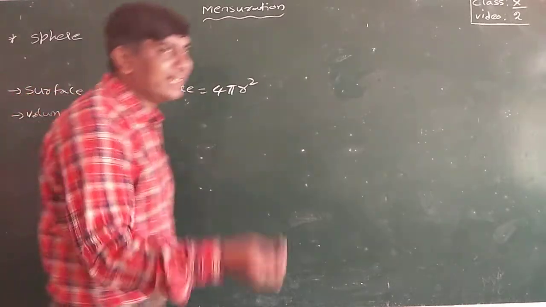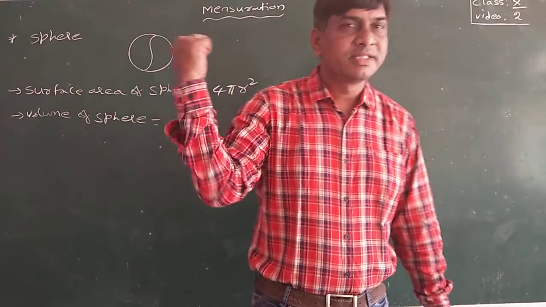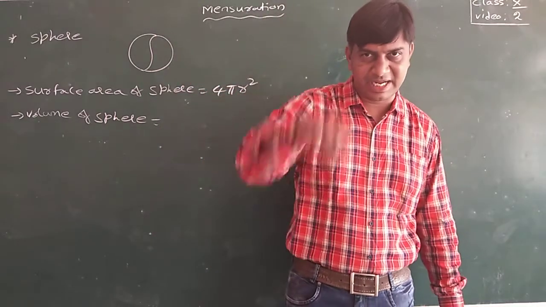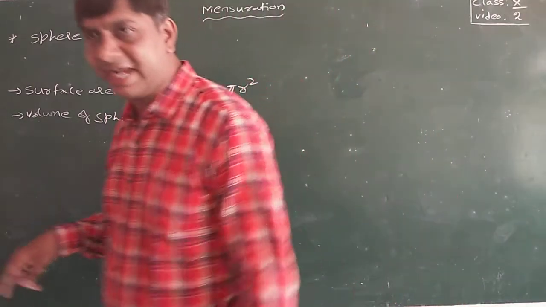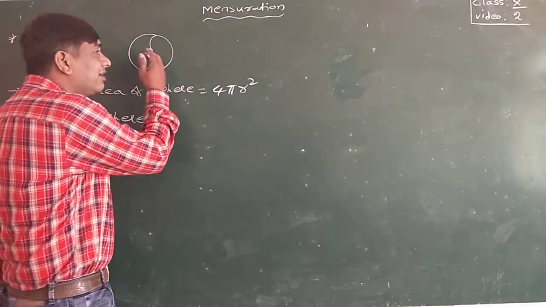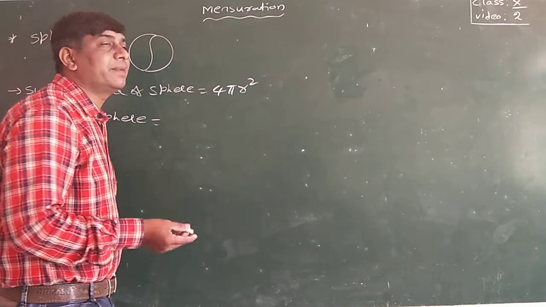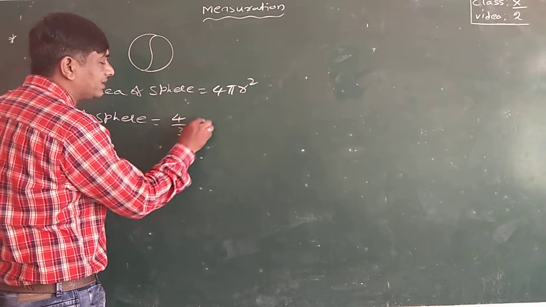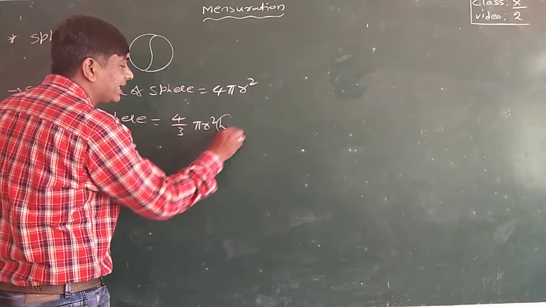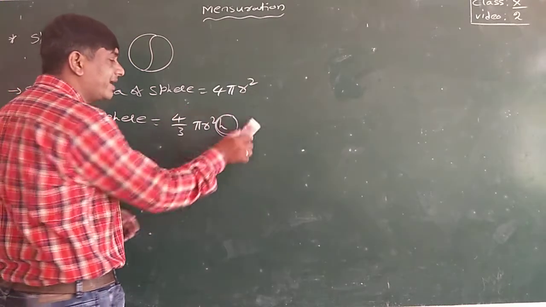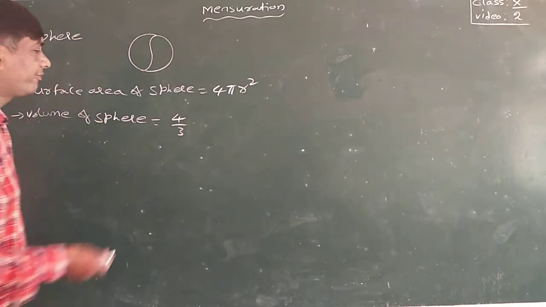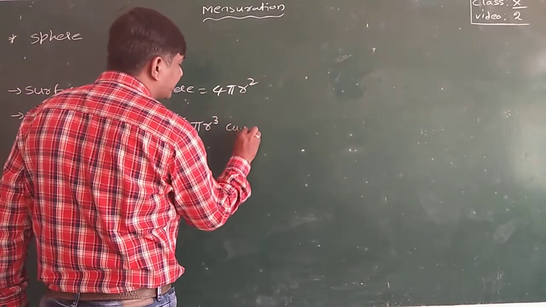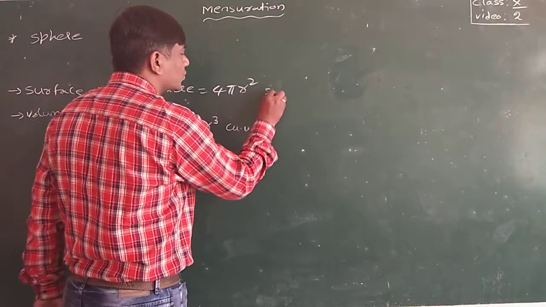When sphere radius and cylinder radius are same, and height and diameter are same, then sphere will be more, 4/3 part, 4 by 3 of pi r square h. But here h is nothing but the radius. So 4 by 3 pi r cube, cubic units. This is square units.